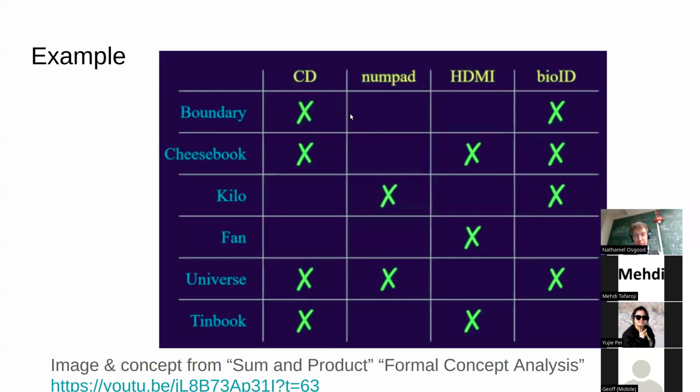Each cell reflects a product between a particular object and a particular attribute. And if that cell is filled in with an X, that indicates, somewhat confusingly, visually, that it does have that attribute. If it's empty, then it does not.